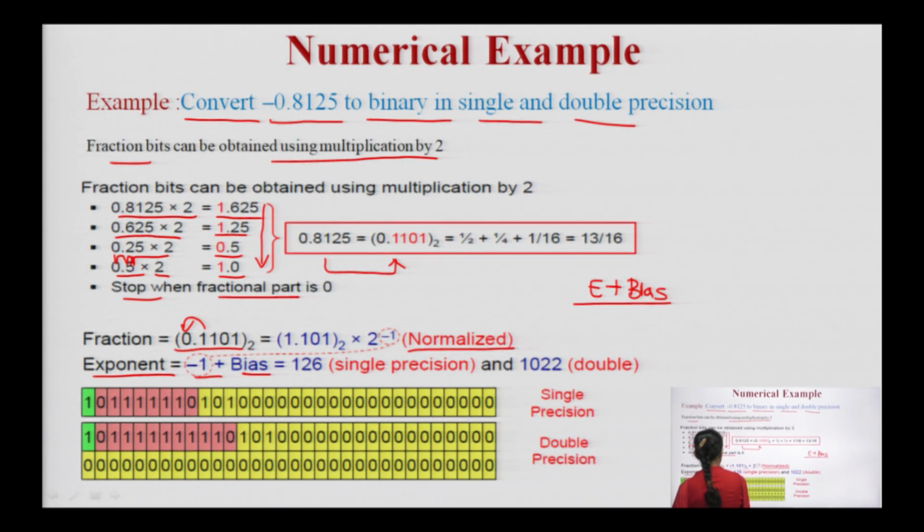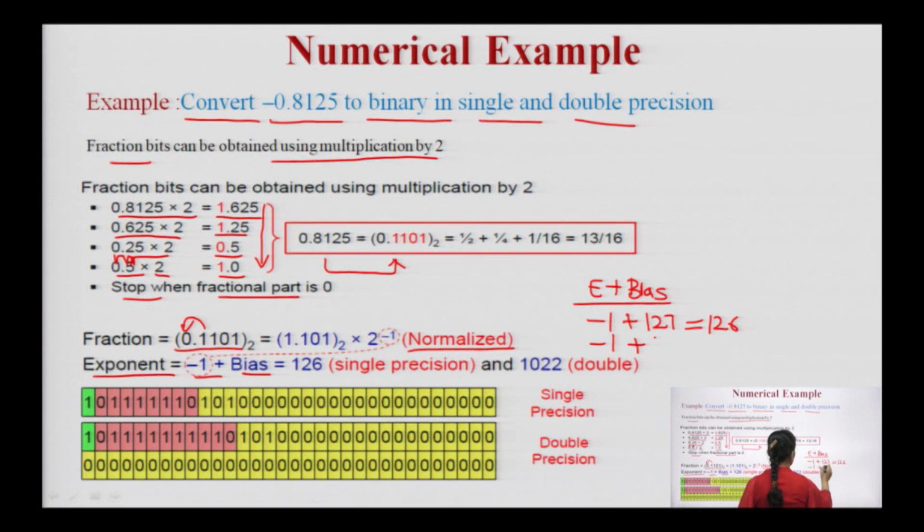So, my exponent here is equal to minus 1 plus 127, that comes out to be 126 in this case, and if the number is in double precision, it comes out to be minus 1 plus 1023, that is 1022.